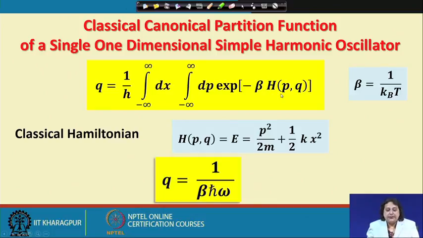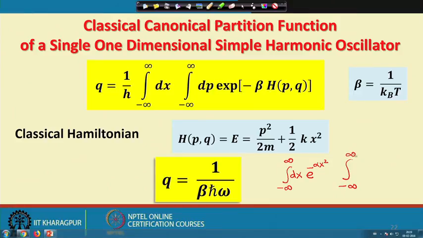When you put this in, you find that you have two integrals which are like this. I have one integral which is of the form minus infinity to plus infinity dx e to the power of minus alpha x squared, and I have another integration minus infinity to plus infinity dp e to the power of minus some gamma p squared.